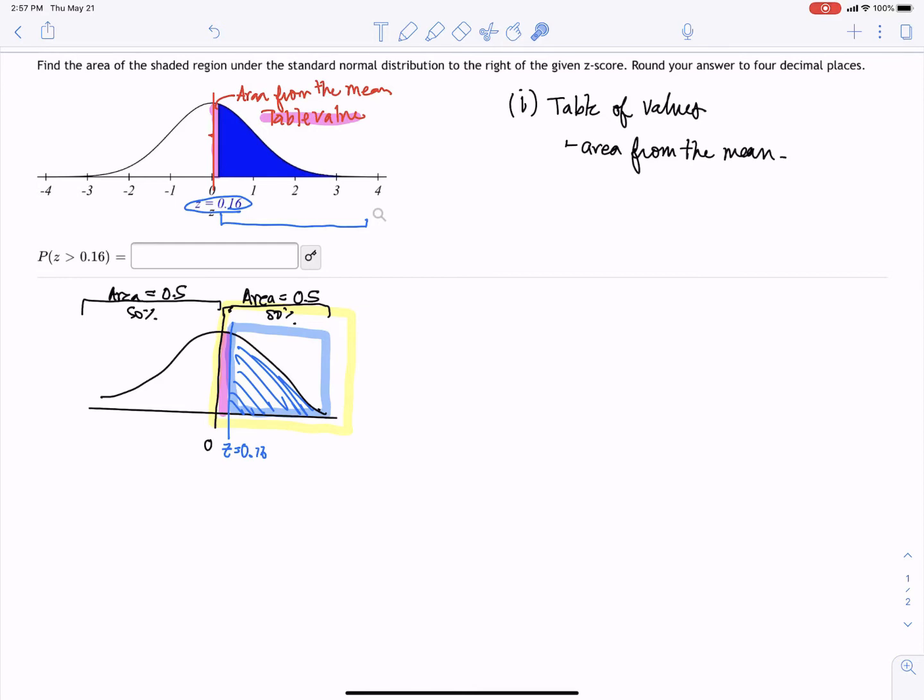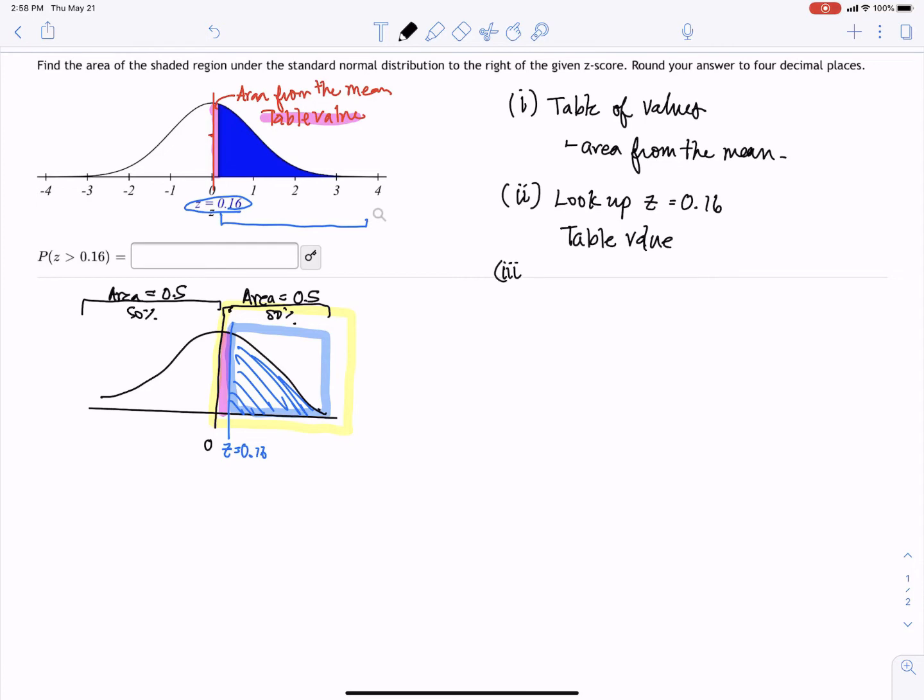And then once we get that area from the table value, we can go ahead and subtract it from a half. So let me write this down. Okay, so the first thing is that we get a table of values. So even if we look up the z-score of 0.16 on the table, it'll give us the table value, which is the area from the mean.